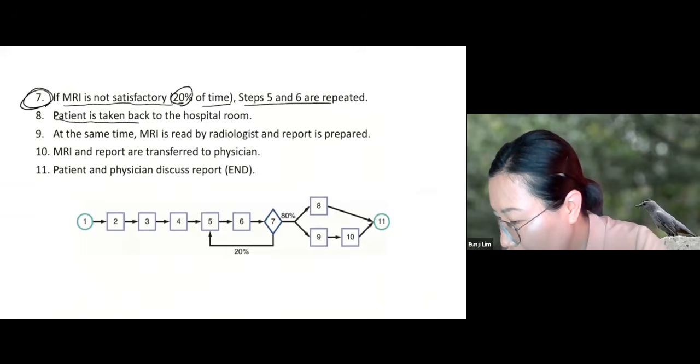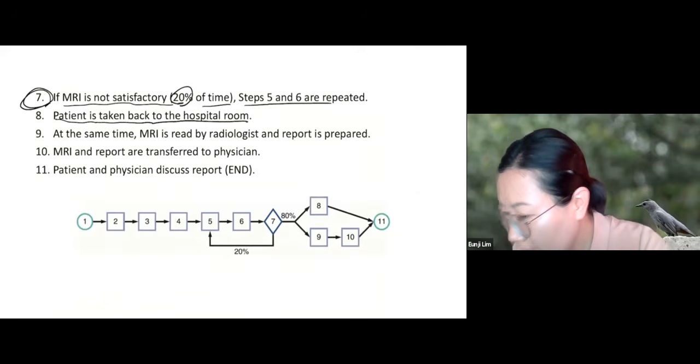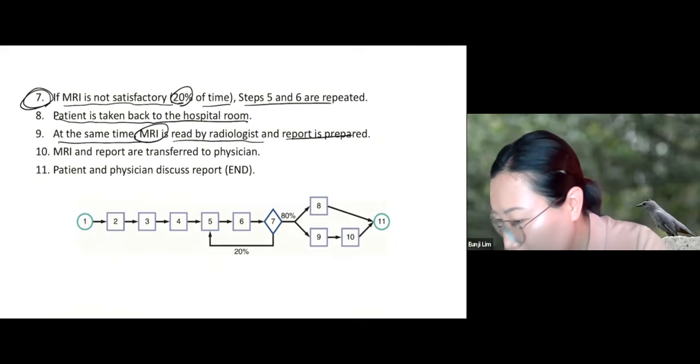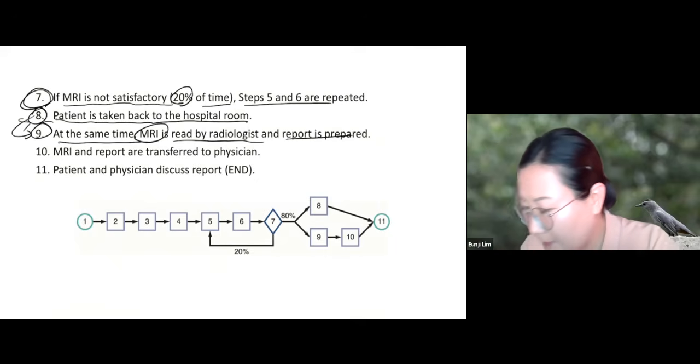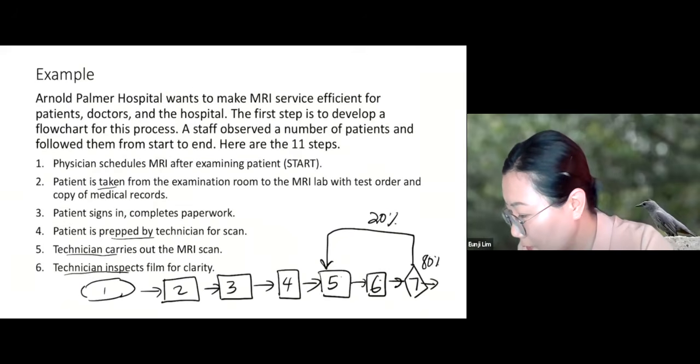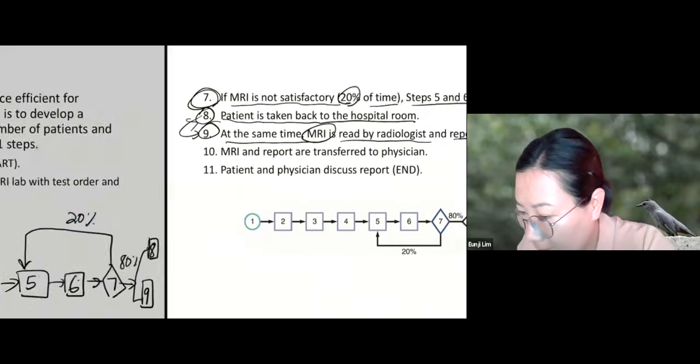And then patient is taken back to the hospital room, and at the same time, MRI is read by radiologist and report is prepared. So number 8 and 9 are performed at the same time, right? So we're going to connect them in parallel, 8 and 9.